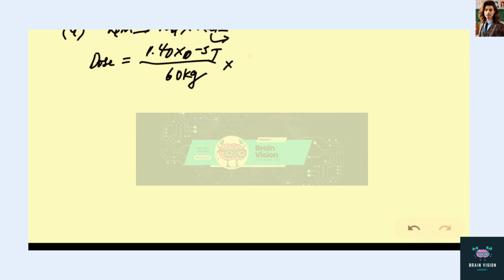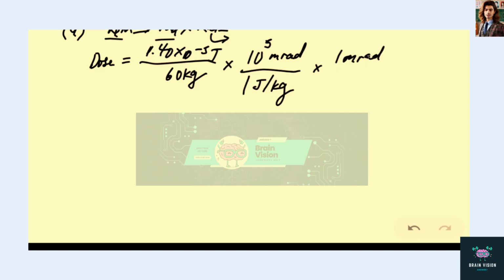To convert from grays to millirads, we multiply by 10 to the power of 5 millirads per gray, which is in terms of joules per kg. Since rad equals REM in this case, we don't need any conversion factor; 1 millirad is the same as 1 millirem.